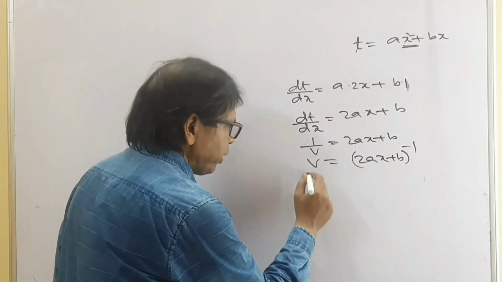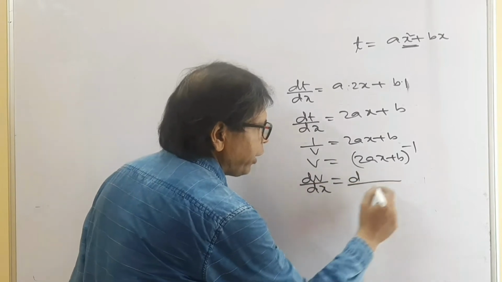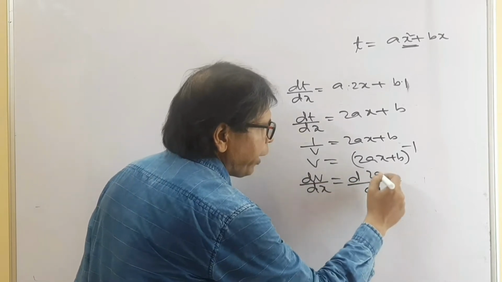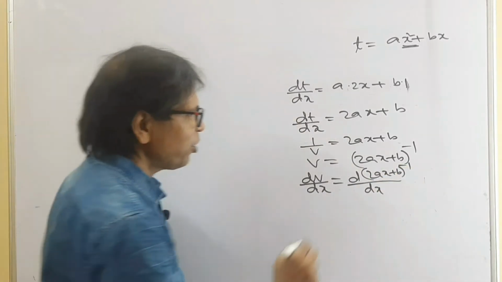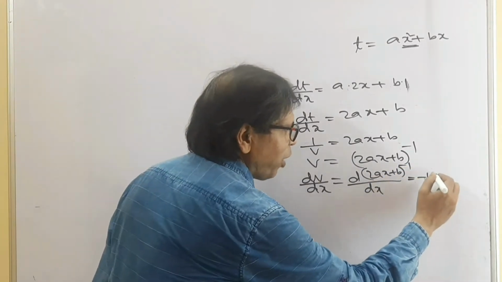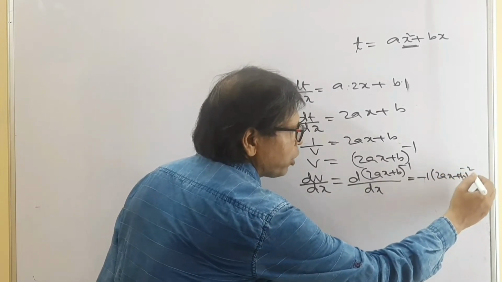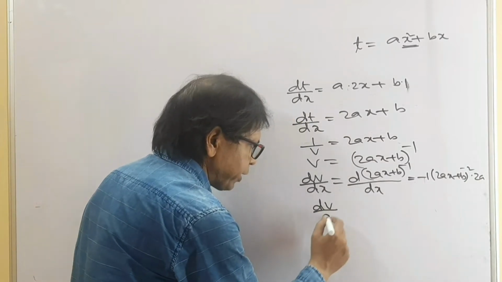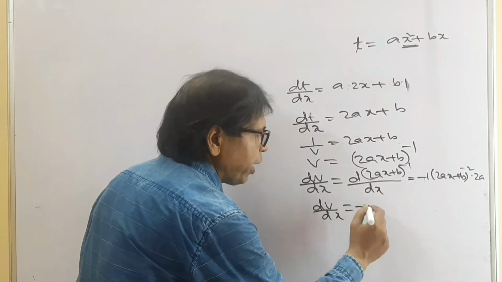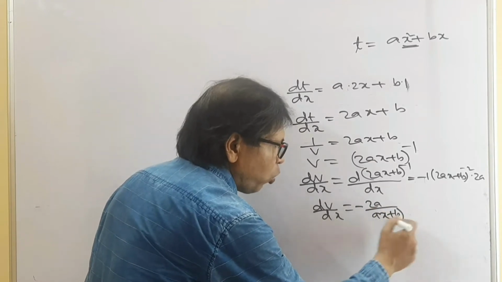So look at this, dv by dx is d by dx of 2ax plus b to the power minus 1. So this is minus 1 into 2ax plus b to the power minus 2 into 2a. So dv by dx equal to minus 2a divided by 2ax plus b whole square.